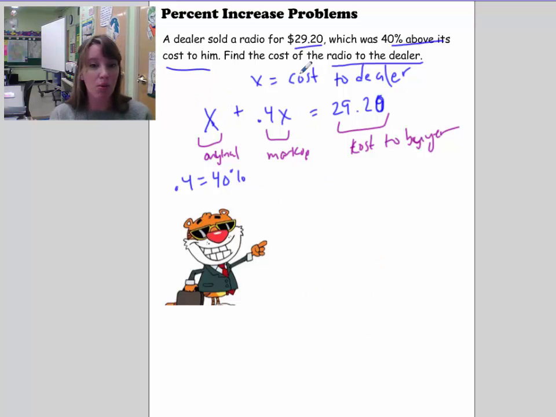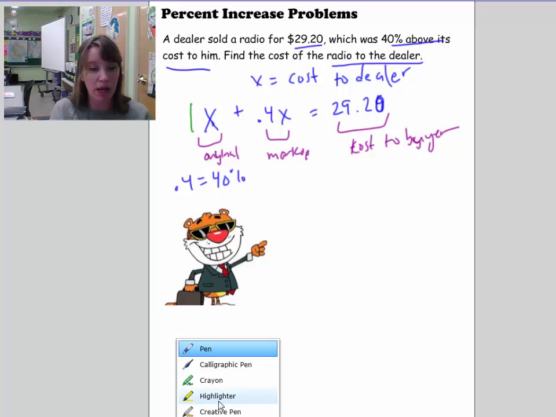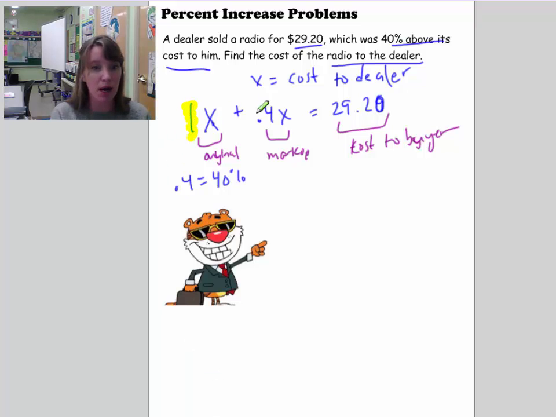Okay, so what I can do here in order to solve this problem, remember the coefficient of this first x is 1. So since these are like terms, we both have x raised to the first power, I can just add the coefficients here. So 1 plus 0.4 is 1.4x, and that's equal to $29.20.